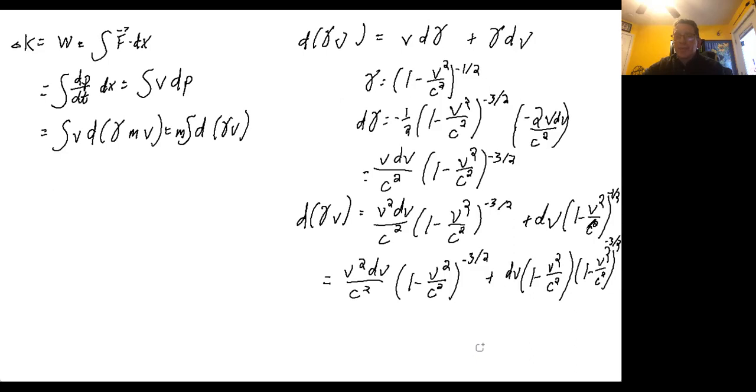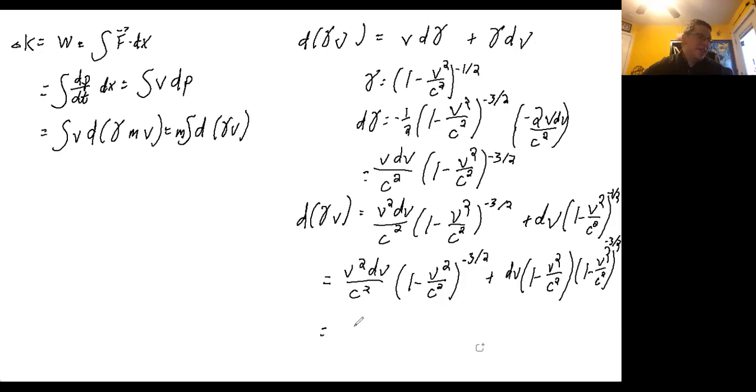Basically, multiplying it by 1 minus v squared over c squared and then dividing by 1 minus v squared over c squared. So now you have the negative 3/2 term in common, and you have dv common. And so when you factor them together, you get v squared over c squared plus 1 minus v squared over c squared. So what that leaves you with is just the 1.